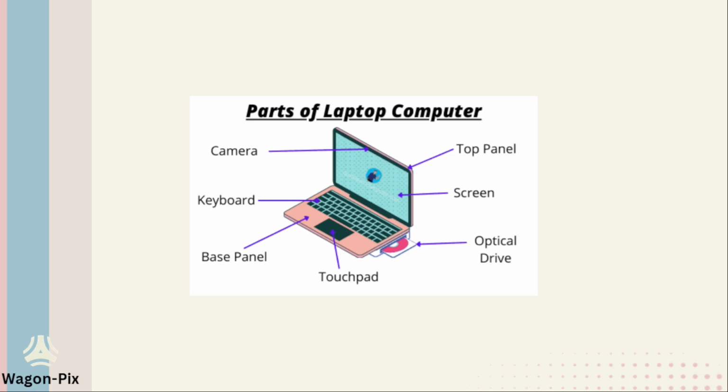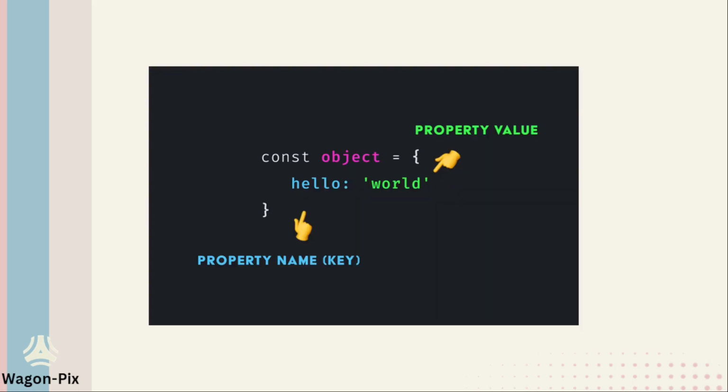How do we define an object and its properties in JavaScript code? It is somewhat defined like this. I will go through this in depth later; I'm just showing you the syntax of how an object is defined. This is the variable, the object name, and we have taken it as a constant variable.